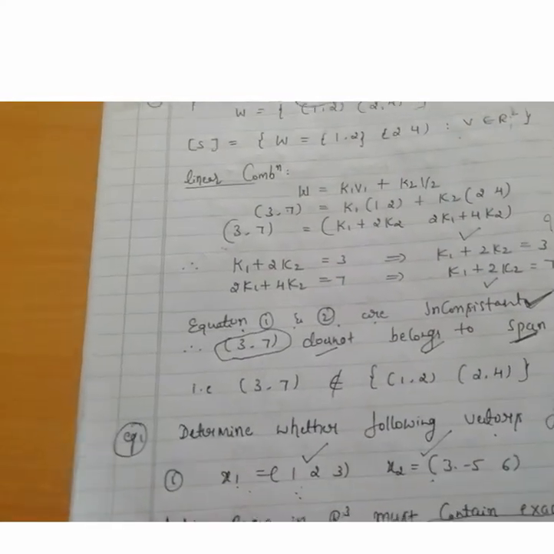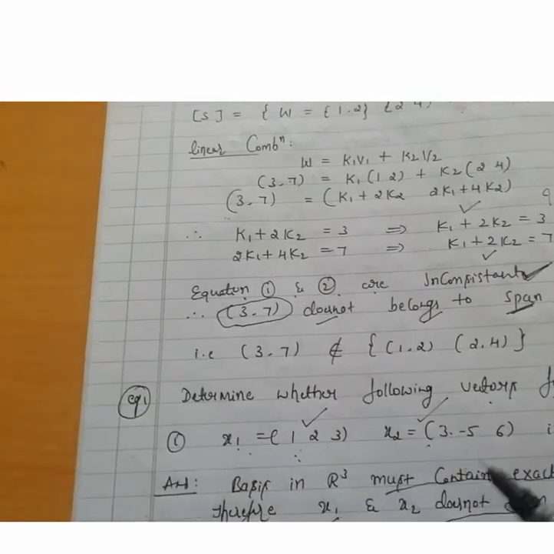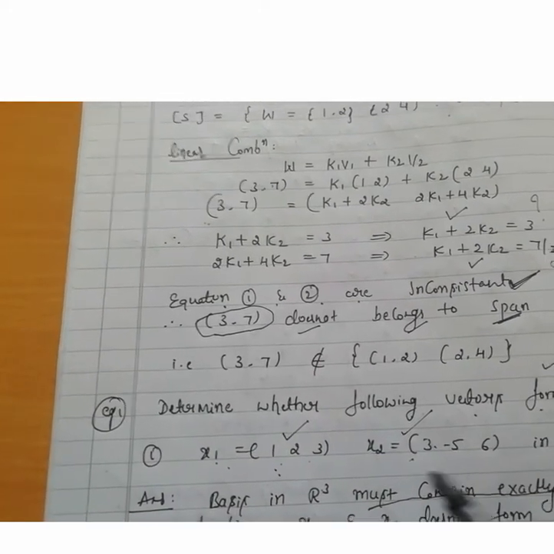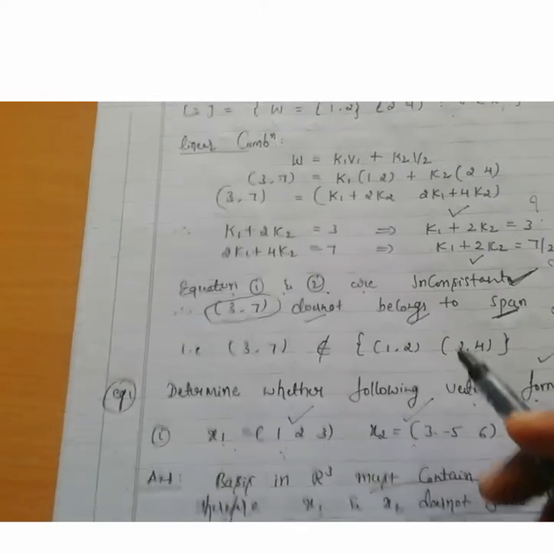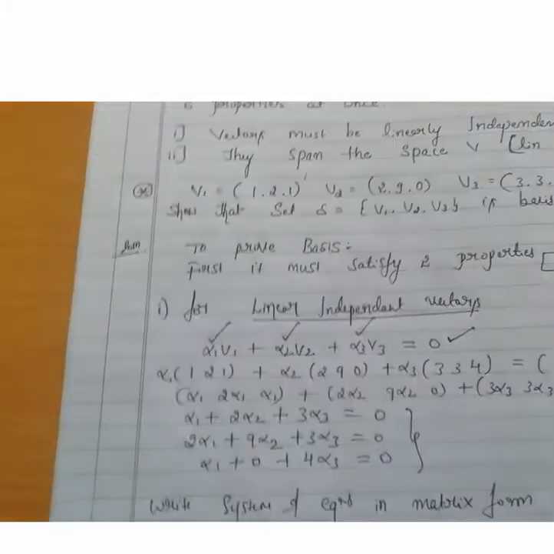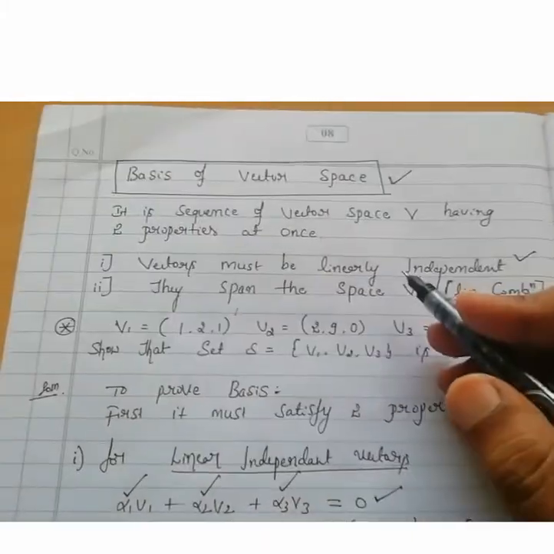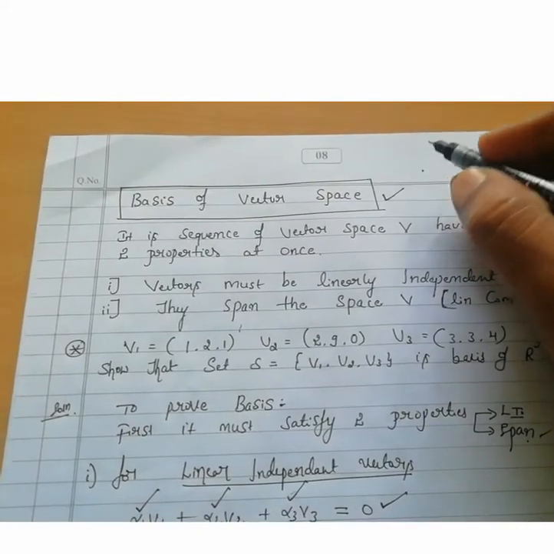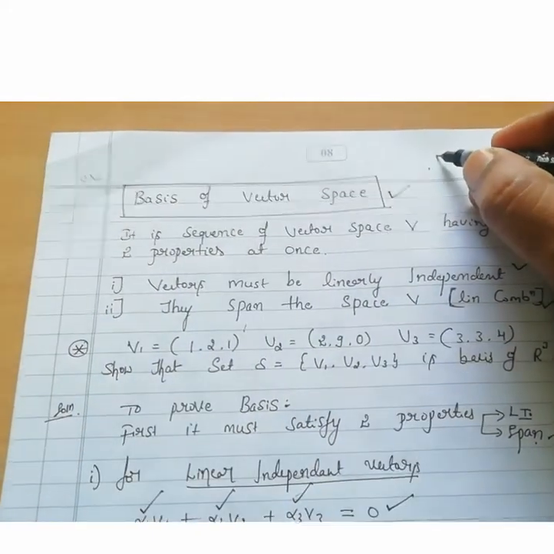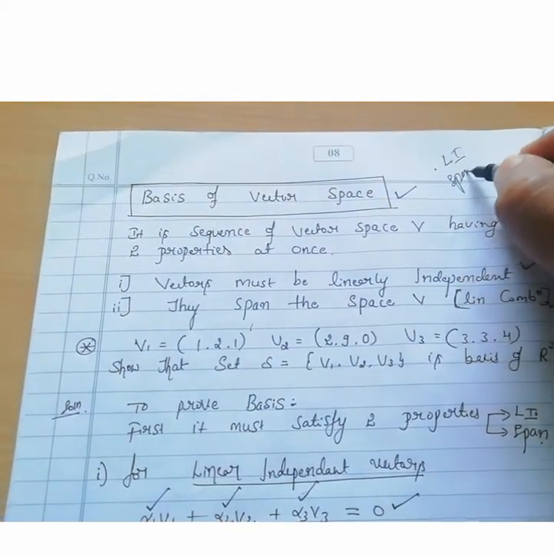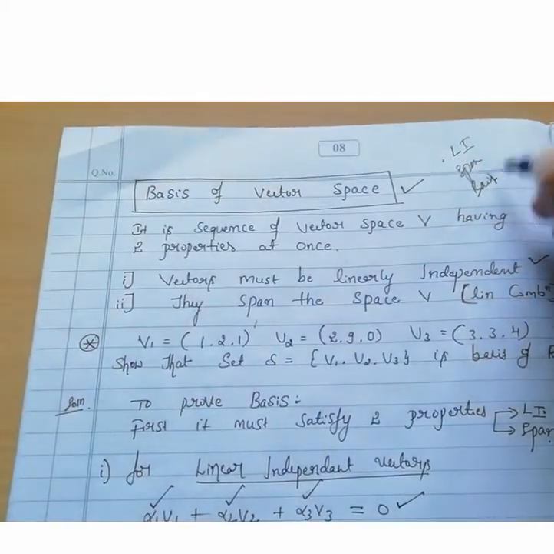So this is how we can determine whether the given vectors span, whether they are linearly independent, and whether they form a basis. The very important terminologies are linear independence, span, and basis.